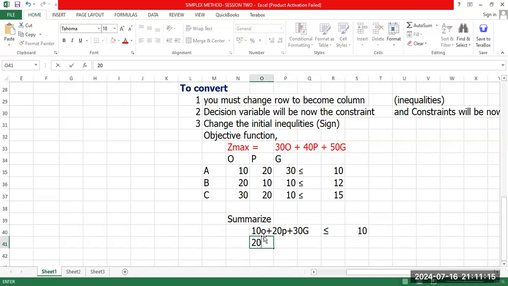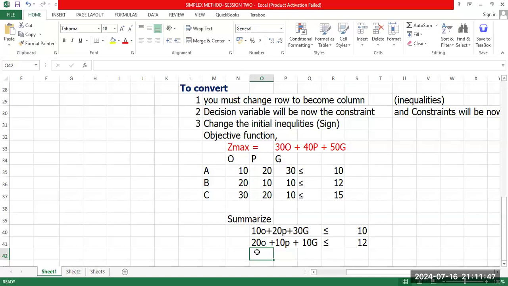Here it is 20 O plus 10 times P, which is 10 P, then plus 10 G, which is greater or equal to 12.